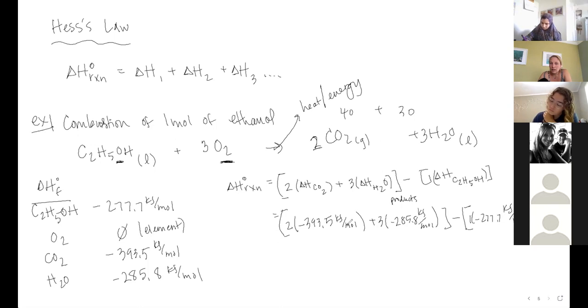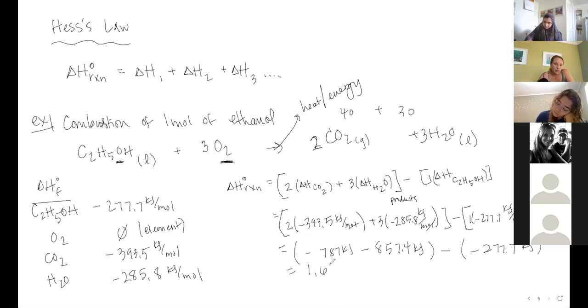So these moles are going to cancel because we have 2 moles, 3 moles, 1 mole. And then we're going to have here negative 787 kilojoules minus 857.4 kilojoules minus negative 277.7 kilojoules. So this is negative 1,644 kilojoules plus 277.7 kilojoules, which equals minus 1,367 kilojoules.